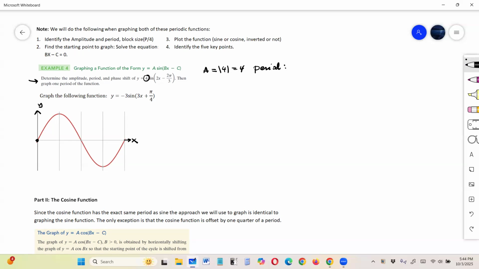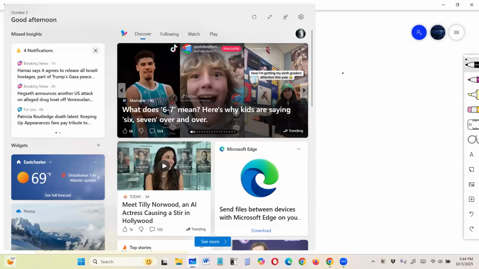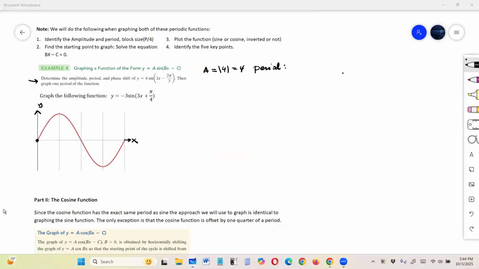The period for sine and cosine, and this is sine, is 2 pi over the value b. Now, b is the number multiplying the x. So in this particular case, it's 2 pi over 2, which is obviously pi.